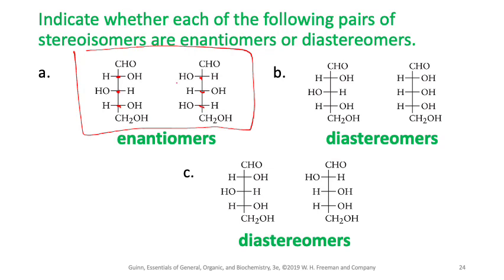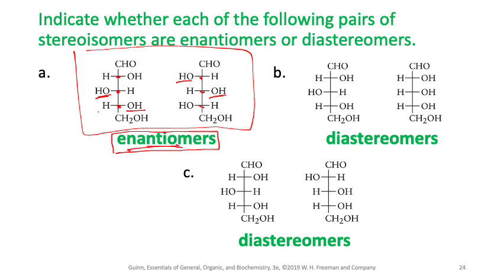You flip. On the second chiral center, you again flip. On the third chiral center, you again flip. OH goes that side, H goes on this side. So they are enantiomers. The definition of enantiomer is if all the groups on every chiral center flip at the same time, we call it an enantiomer.